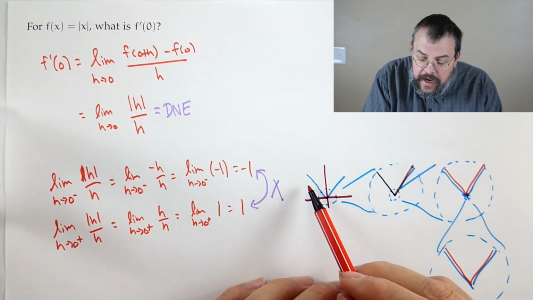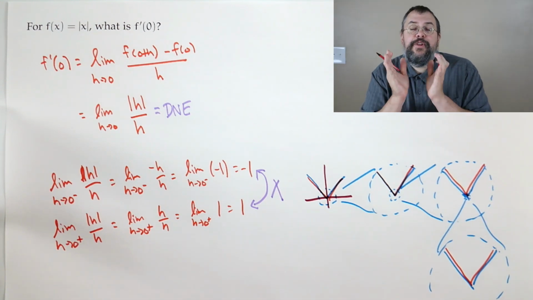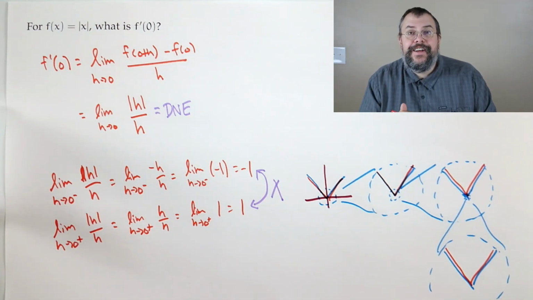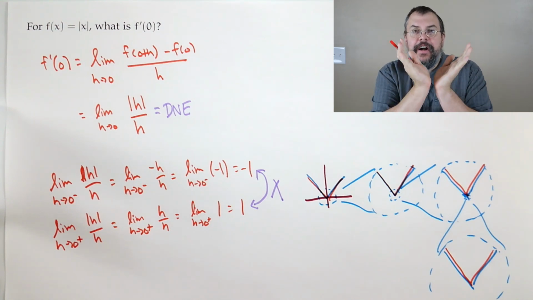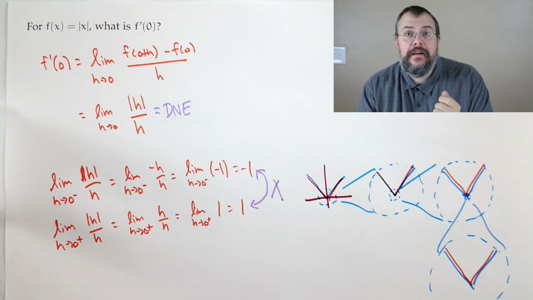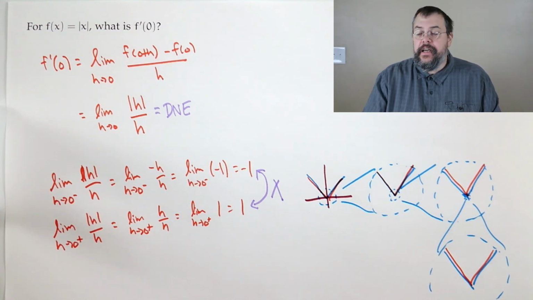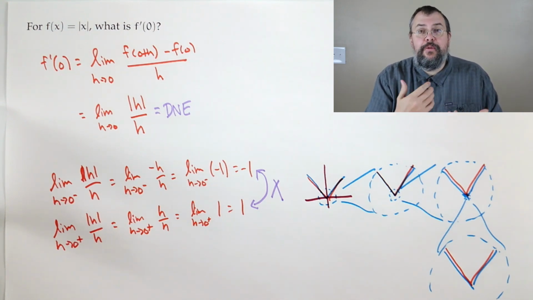Notice every time I zoomed in, what happened is I kept looking not flat. There's always that sort of corner right there. And no matter how far I zoom in, that doesn't go away. It never becomes a line. Well, since it's not a line, when I zoom in, that says I can't talk about the slope of it.